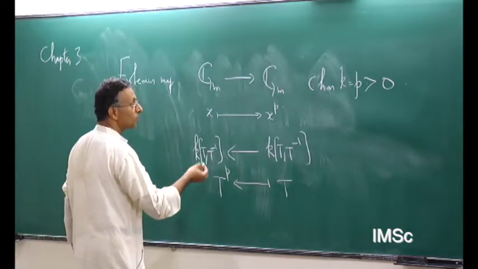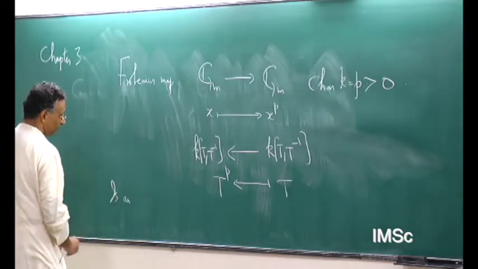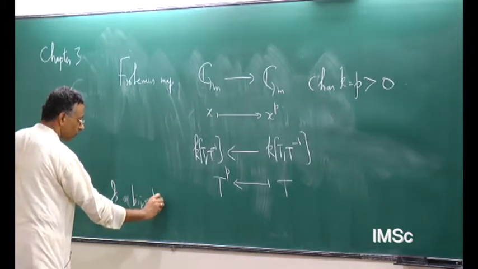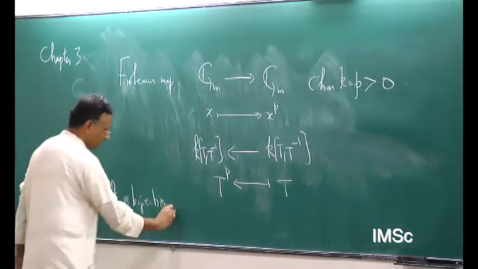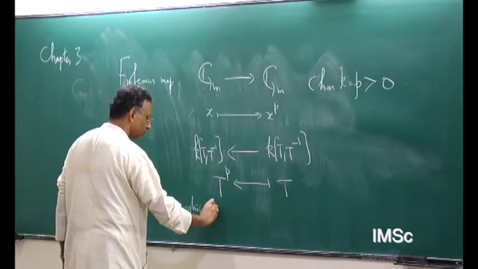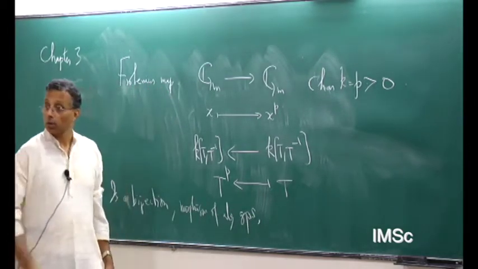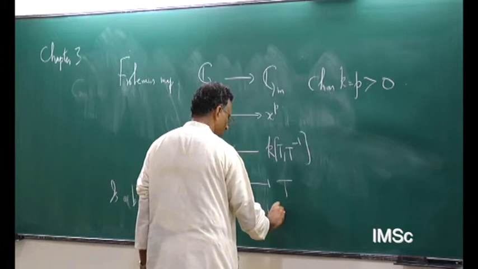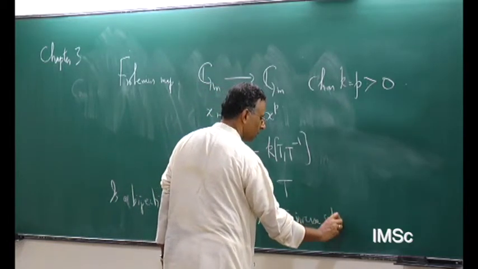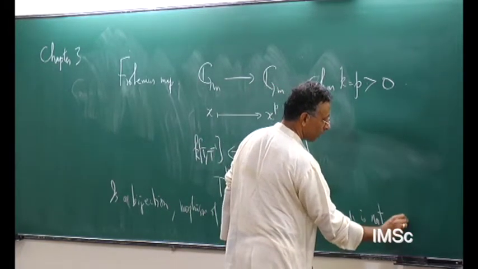So this is a bijection, a morphism of algebraic groups, but the inverse set map is not a morphism of varieties.